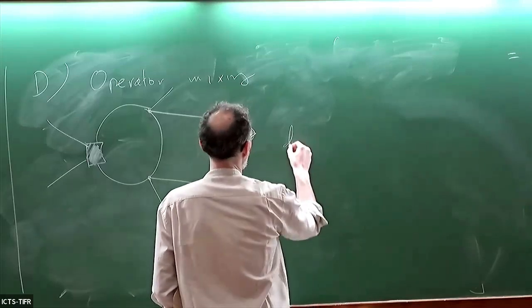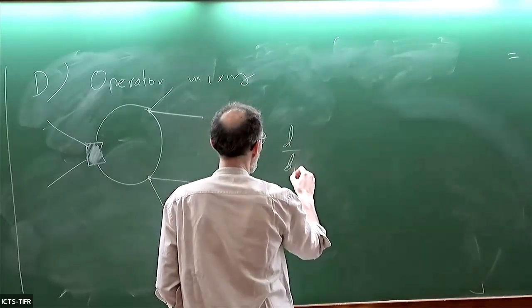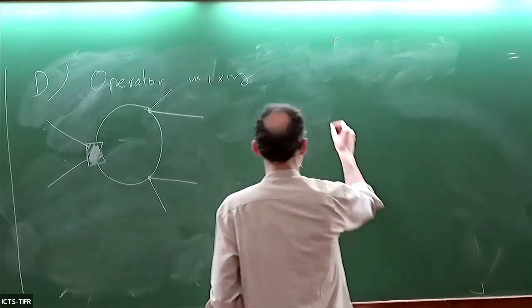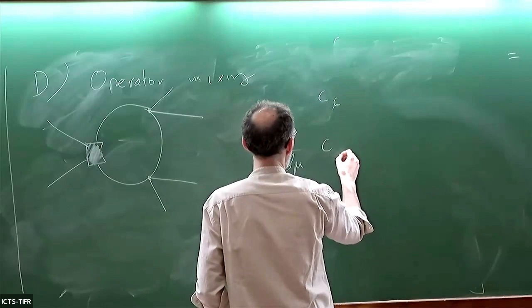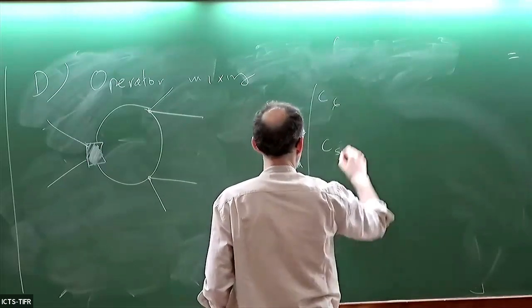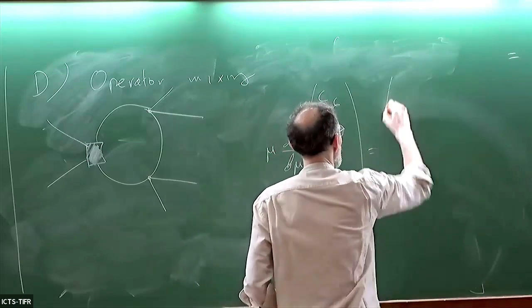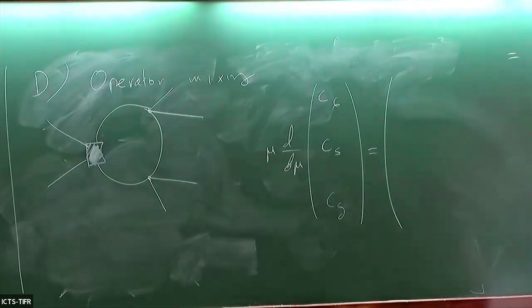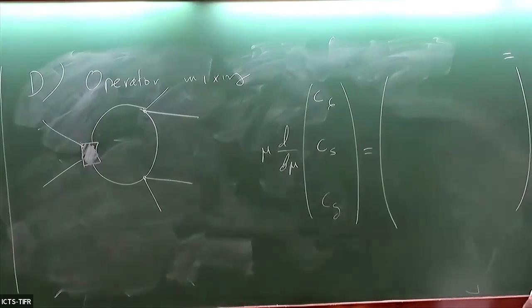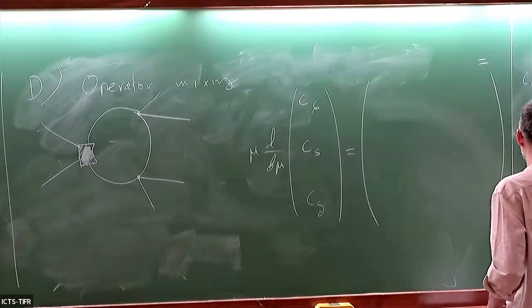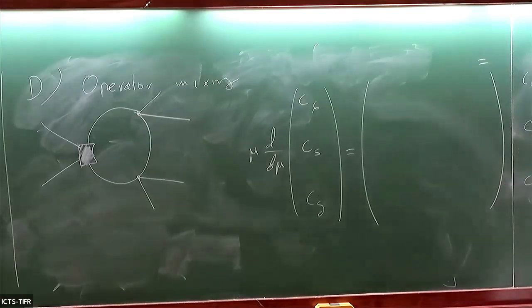So we said now that in general, there's going to be a matrix of anomalous dimensions rather than just an entry. And if I put it into a vector, C6, CS, CG equal to a matrix times those same coefficients, S, CG.